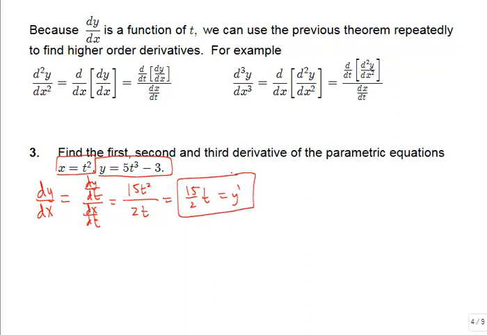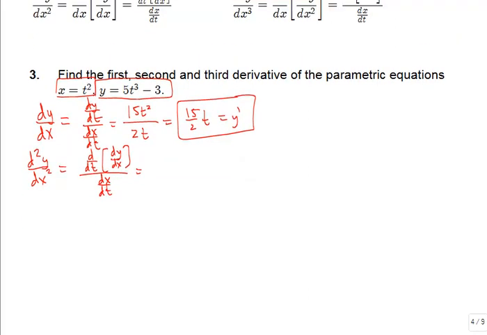To find the second derivative, d squared y over dx squared, here's what we have to do. We have to take the derivative with respect to t of the answer we just got, but then we have to divide that again by another dx/dt. So the derivative of y prime is just 15 halves, and we divide that by another dx/dt, which was 2t.